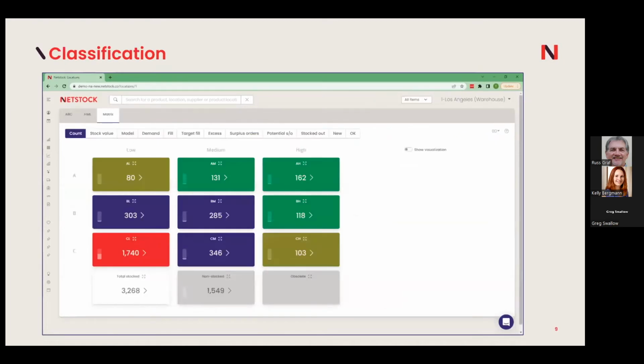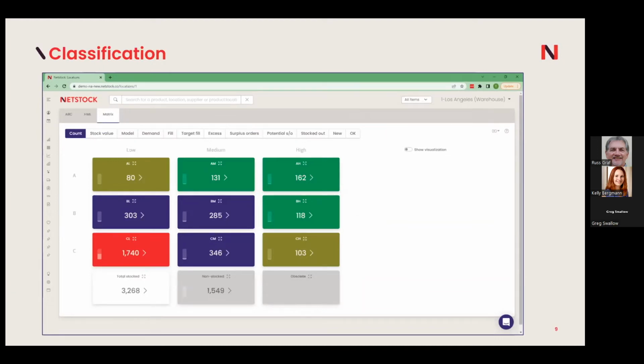I mentioned earlier the concept of classifying your products. This just gives you one screen, a glimpse of one of the ways that we do that. We have this 9-box color-coded matrix. Where you see the green and blue and red and so forth is a way that we're identifying which items, by ABC ranking and low, medium, high ranking of speed of movement or velocity, what that looks like in terms of quantities and costs and margins and all different kinds of ways that we can manage that and look at that, and then set policies accordingly.